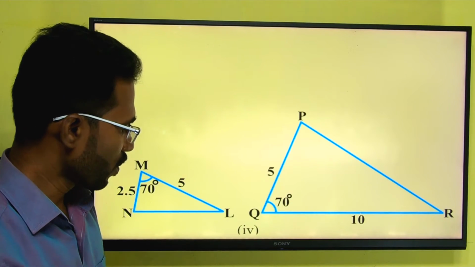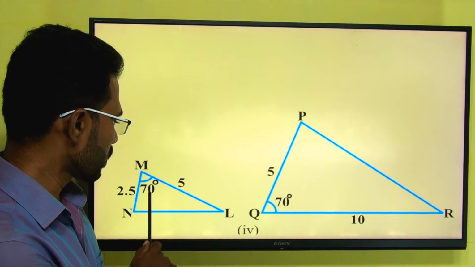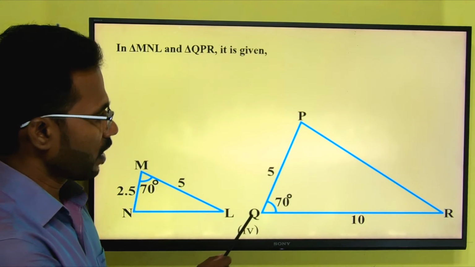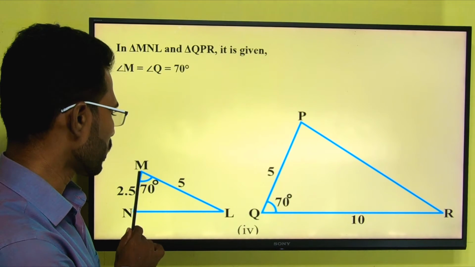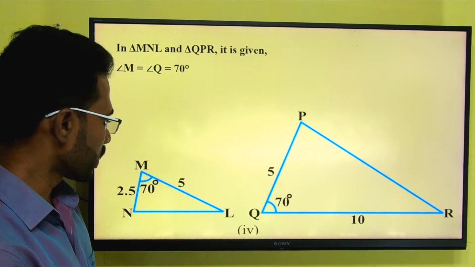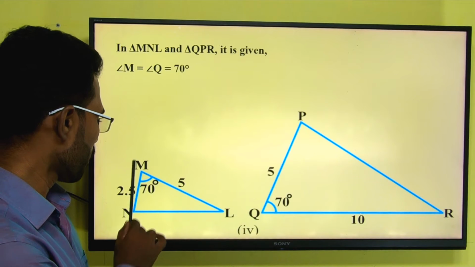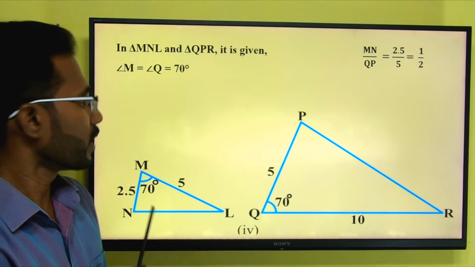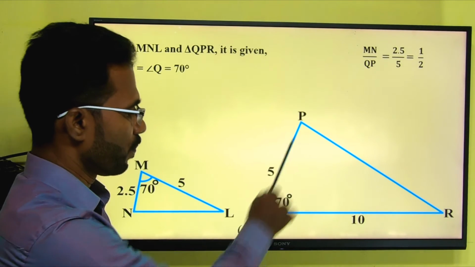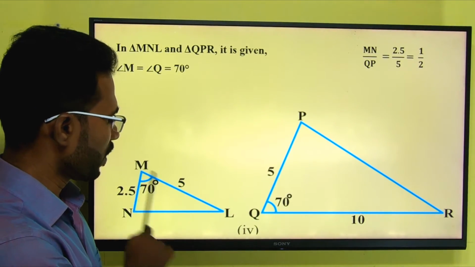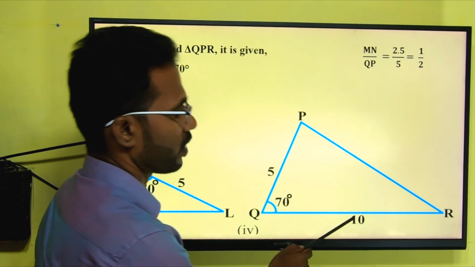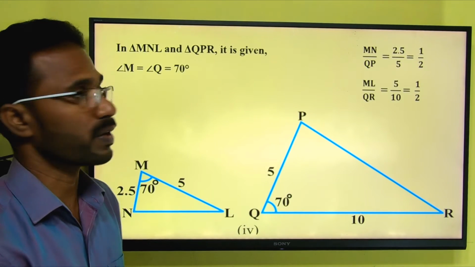Moving on to the fourth sum. Here we can see angle M is 70 and angle Q is 70, so both are equal, and we're looking at the sides. MN is 2.5, PQ is 5, so you'll get 1 by 2, and ML is 5 and QR is 10, so you'll get 1 by 2.